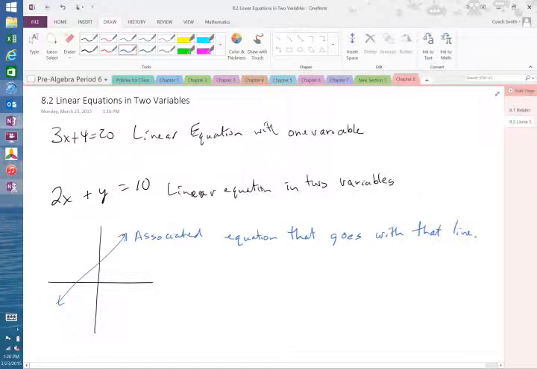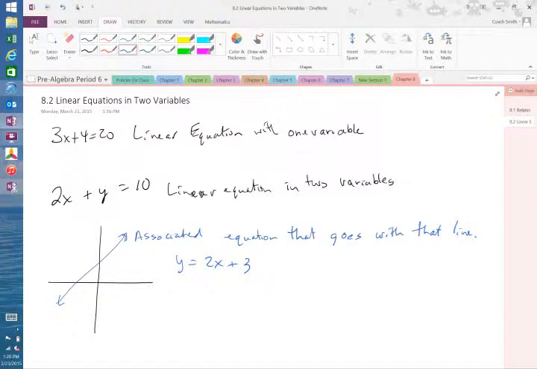That particular one's probably going to be close to y = 2x + 3. I'll explain how I came up with that in later sections, but that's the kind of line that we're talking about.